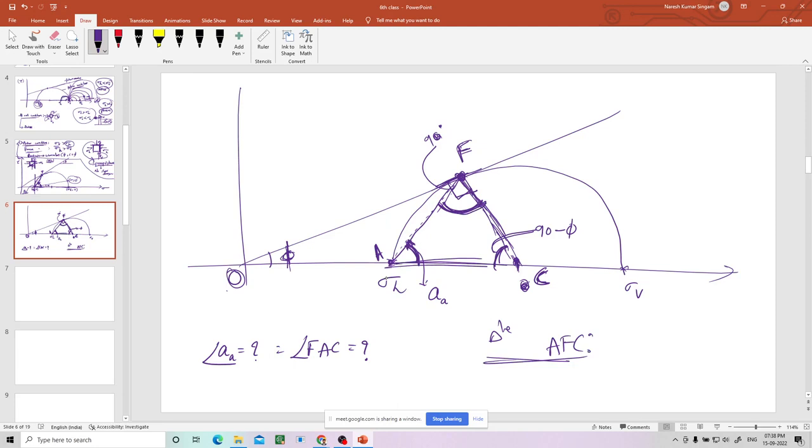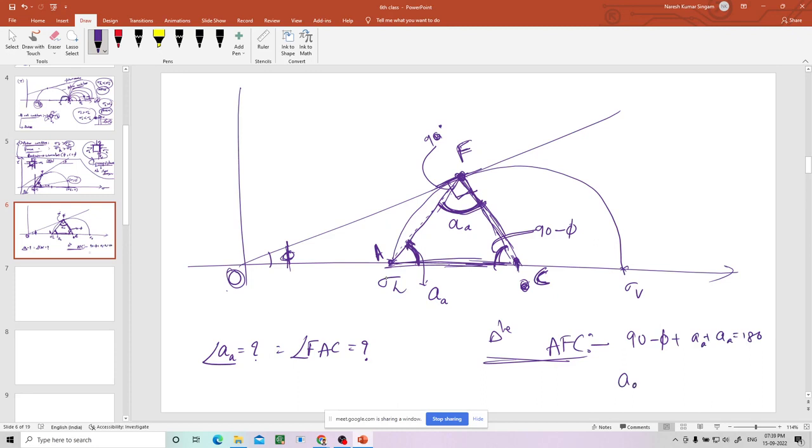That means this angle and this angle are equal, so you can write this also as A. There are trigonometry rules: the opposite angles of equal sides are equal to each other. The sum of these three angles, 90 minus phi plus A plus A, should be 180.